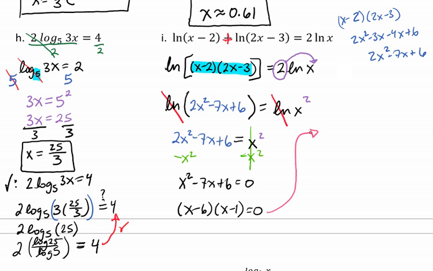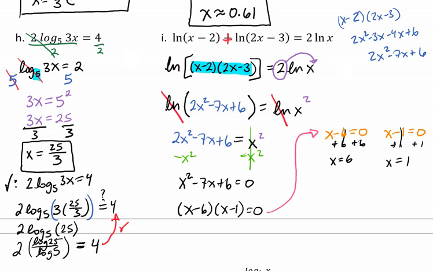So we're going to be able to take that x minus 6 and set it equal to 0, and take x minus 1 and set it equal to 0. And then we're going to solve for x. So we'll add 6 to both sides, get x equals 6, add 1 to both sides, and get x equals 1. So here we have two solutions.